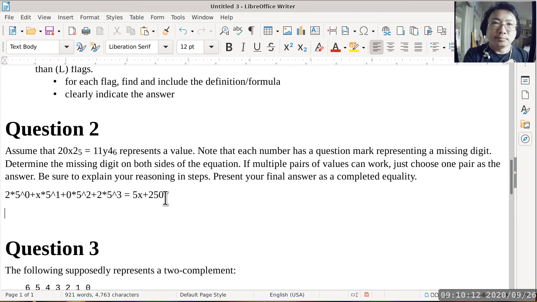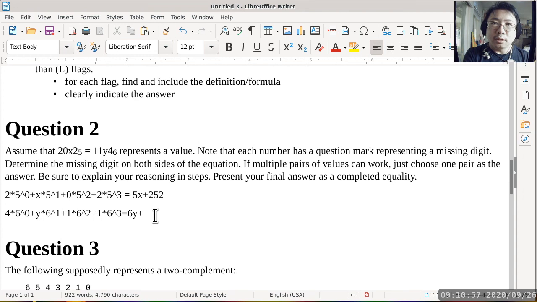On the right hand side, which is the base 6 number, we have 4 times 6 to the power of 0 plus y times 6 to the power of 1 plus 1 times 6 to the power of 2 plus 1 times 6 to the power of 3. So when we work out all the constants, we have 6y, plus, oh, I just messed up here because I forgot to add the other constant, which is the 2. So we have 252.